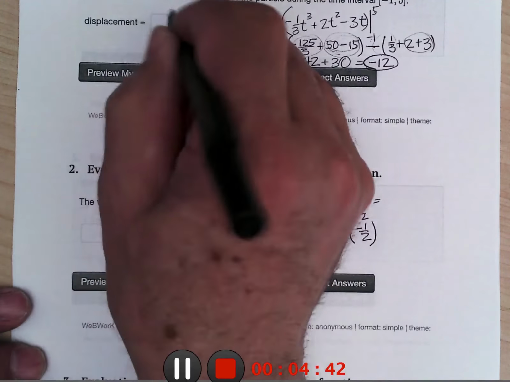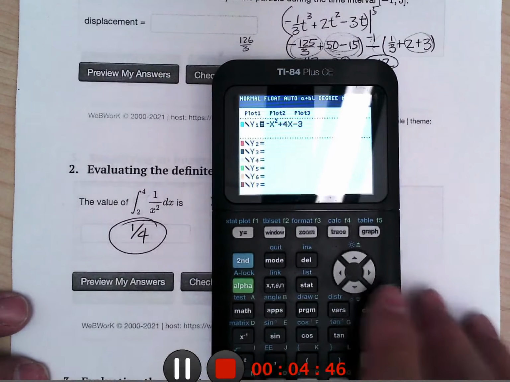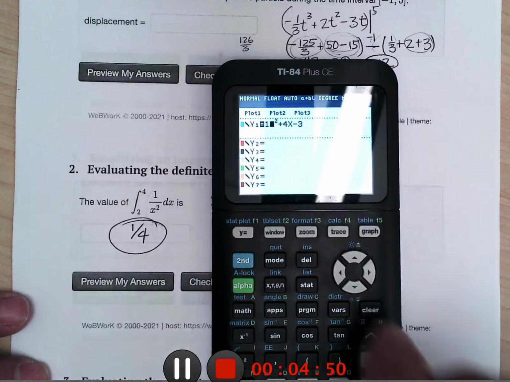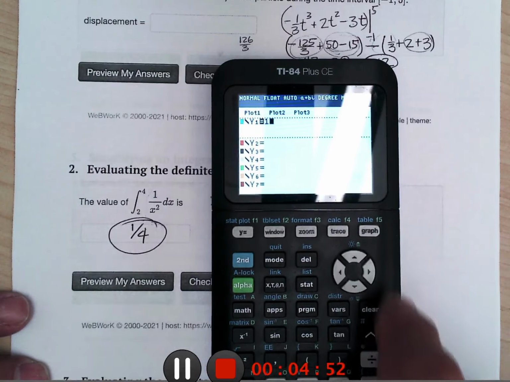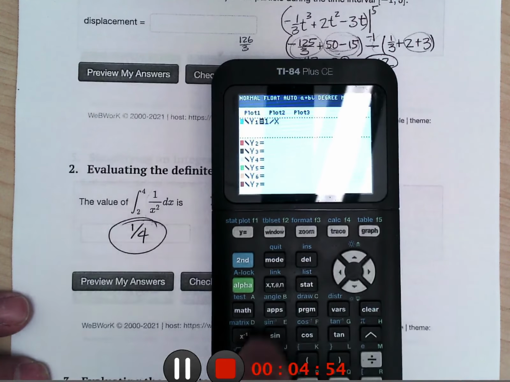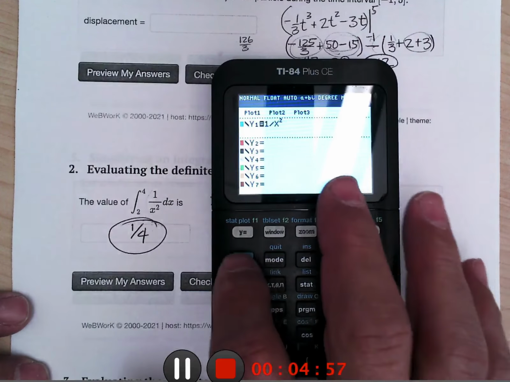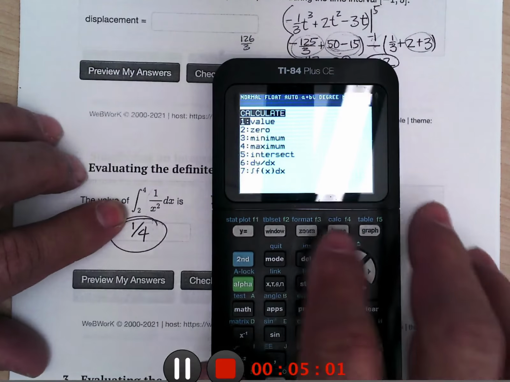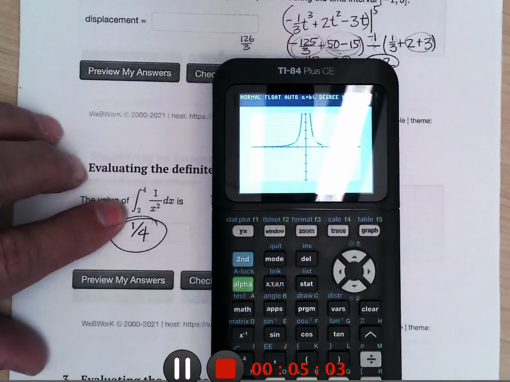Now we can check that one. 1 divided by x squared. Second, calculate the area from, let's go zoom 4 first, and calculate.